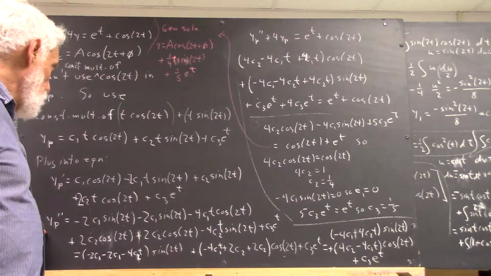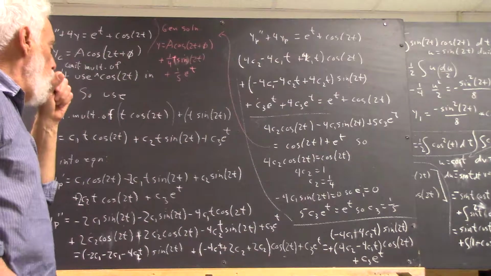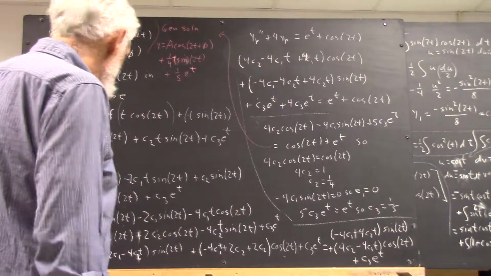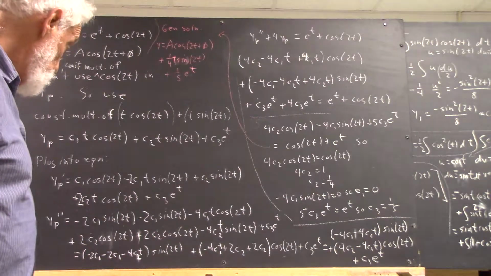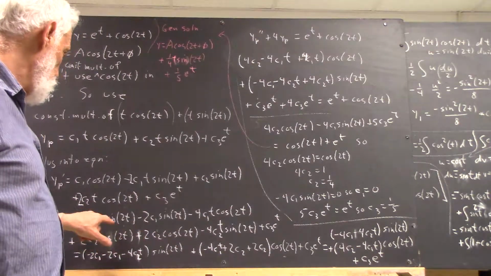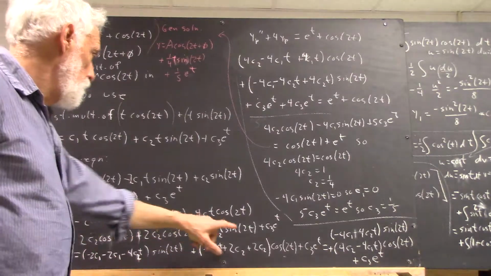Okay, so the second derivative, well, we have to take the derivative of all of these things. Well, here it is. And here it is where I've isolated the sine of 2t terms. There's one here, and one here.